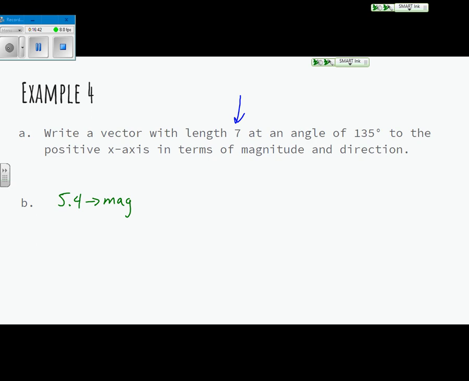That's the magnitude of my vector, and it has a direction angle of, I don't know, 251, sound good? 251 degrees? I want a vector that will match that. So hit pause on the video and work this out, and I'll do the same.